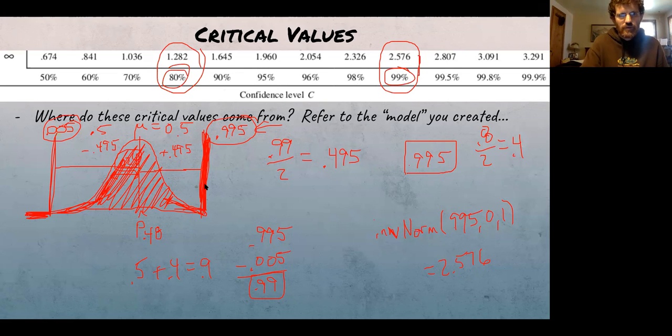And so I'm going to move out in both directions 1.96 standard errors, and then that's going to capture 95% of all plausible values. Not all of them, and so there's still a 5% chance that our true value is outside of this range. And I hate to say 5% probability, but we are 5% confident that we didn't get it right, if you want to think of it that way.